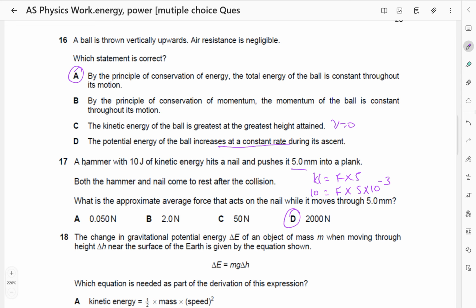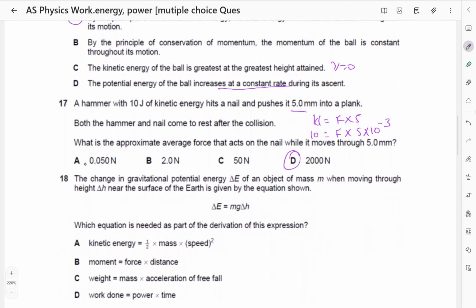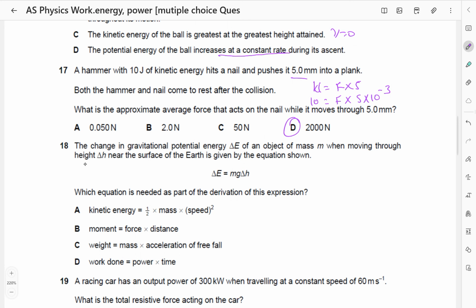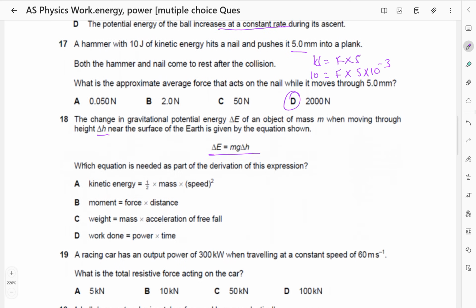F is 2000 newtons. The change in gravitational potential energy delta E of an object of mass m when moving through a height delta h near the surface of the earth is given by the equation delta E is equal to mg delta h. Which equation is needed as part of the derivation of this expression? Of course, wherever this expression appears, we need the work done.